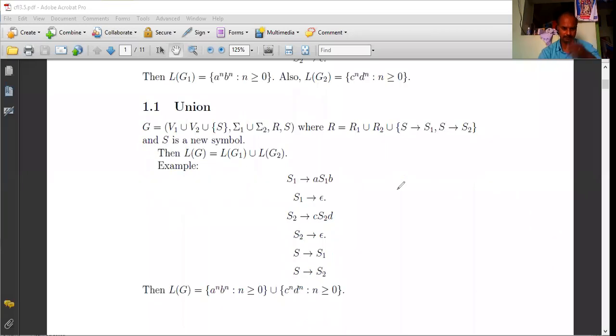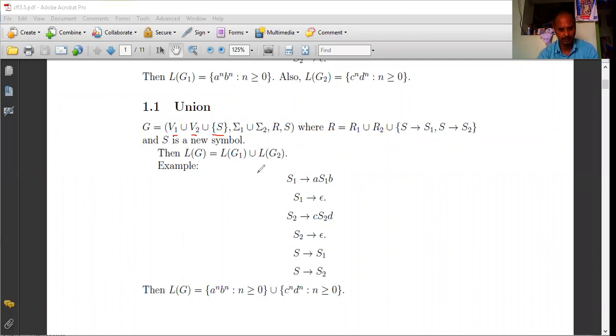The context-free grammars are closed under union. Here observe this. We are specifying the union of the grammars G1 and G2. V1 is the variables in the grammar G1 and V2 is the variables in the grammar G2, and one new variable S we are defining here.